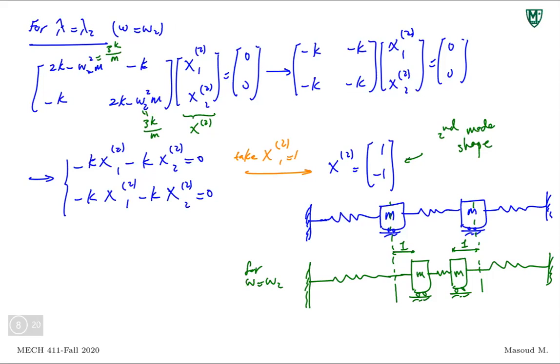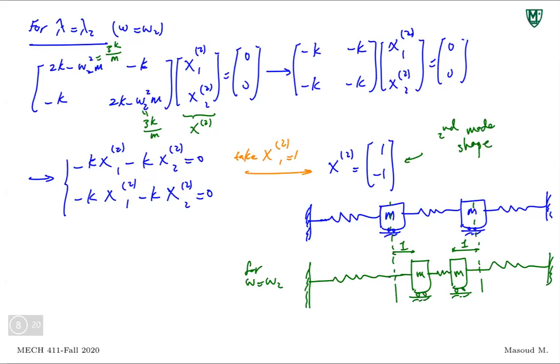Remember the Cartesian coordinate system, X, Y, Z? We represent any vector using 3 unit vectors, i, j, k. Or in 2 dimensions, we represent any vector using i and j unit vectors. Now, think about mode shapes as unit vectors in a modal space.